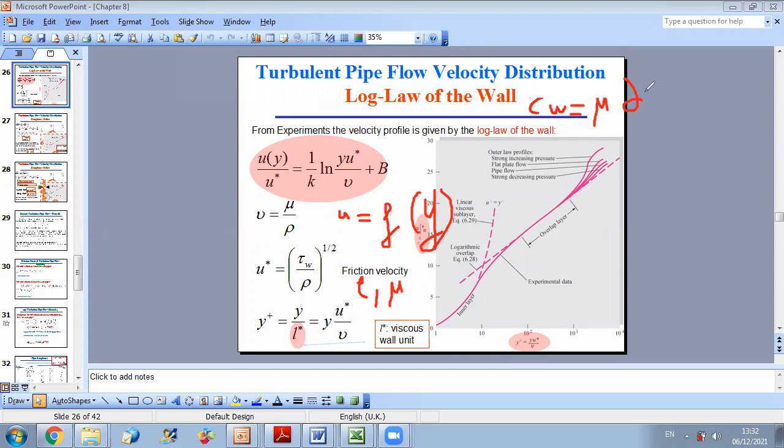So in order to know how the profile of velocity is varying, I need to have information about the shear stress on the wall. This is why I can consider additional parameters, which are u and y, of course, because my purpose is to find u as a function of y, and the shear stress.